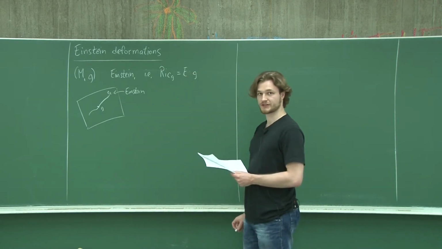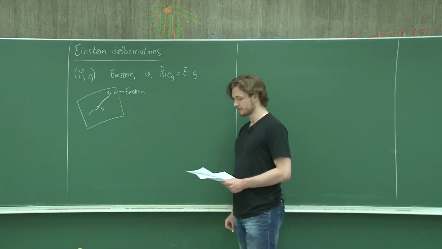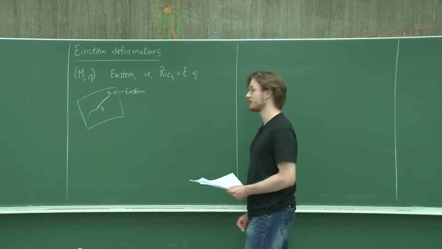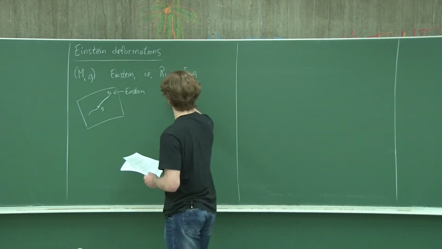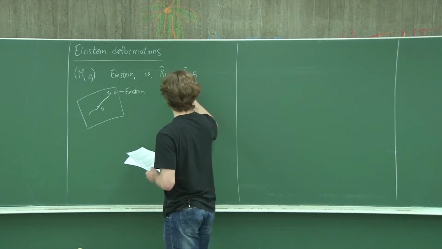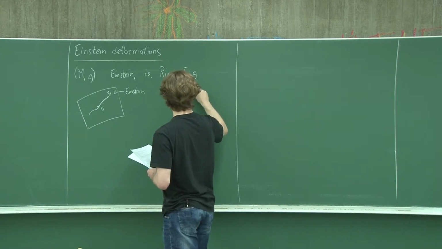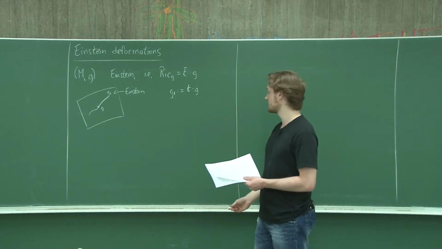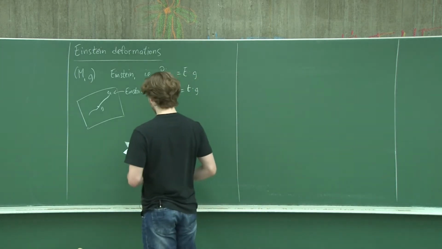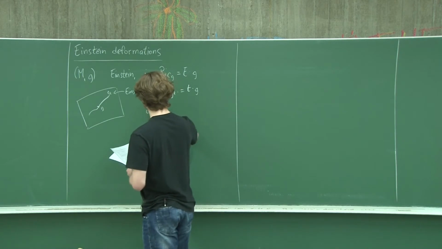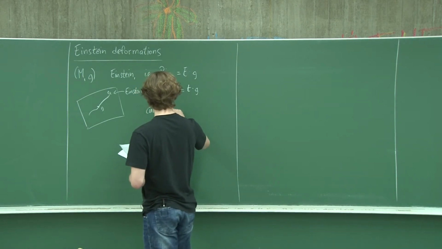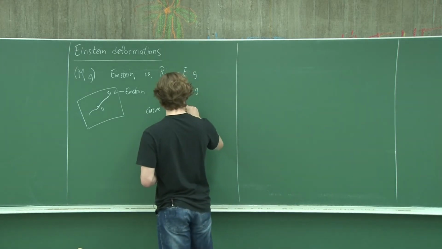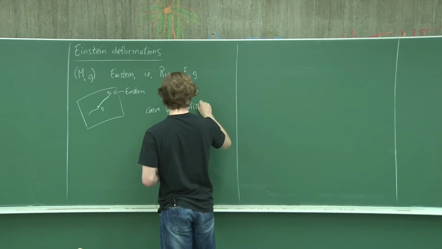So next question is, how do we find such a curve? So there are some easy ways that are too easy to be interesting. For example, we can define this curve by just taking t times g. So we scale the metric by a constant factor. That's boring. Or we can say we have some curve phi_t of diffeomorphisms from M to itself.